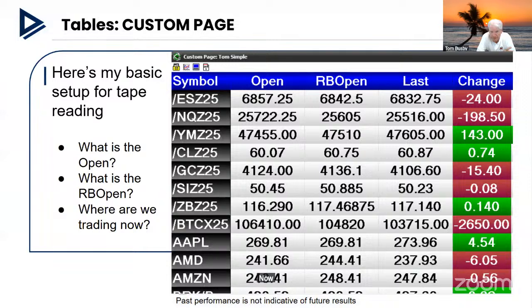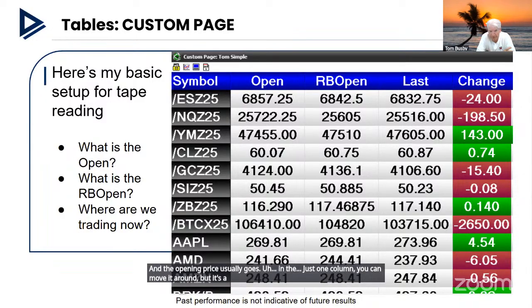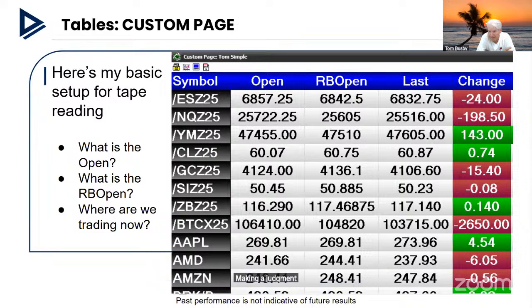Now, if you look, there are certain features for tape reading. The opening price usually gets one column. You can move it around, but it's a key number. It tells me last night we opened at 68.57. See how important that is today? That 68.57, making a judgment not to be buying.